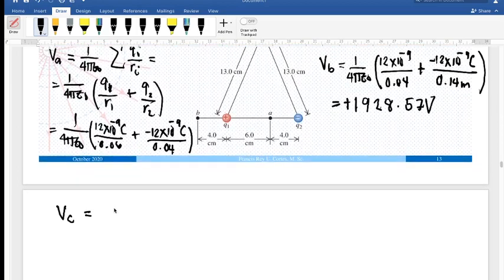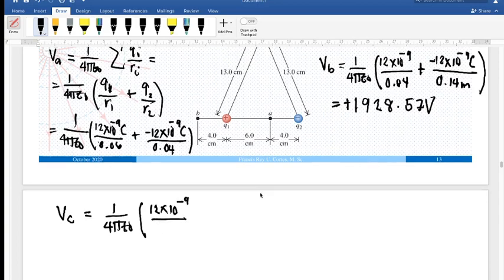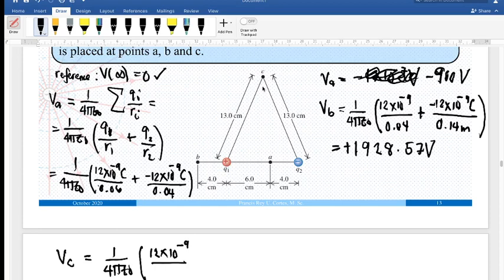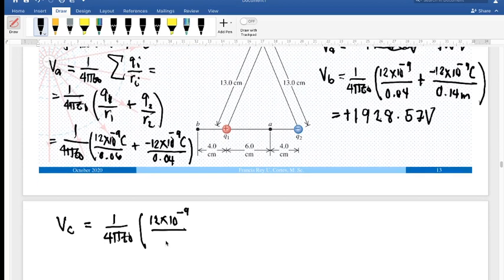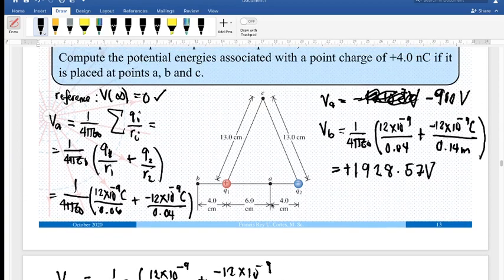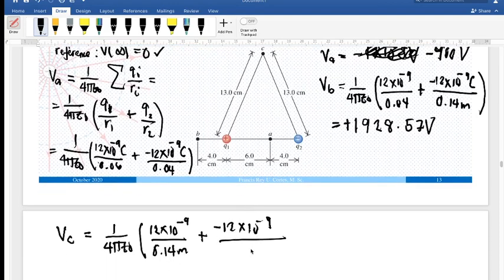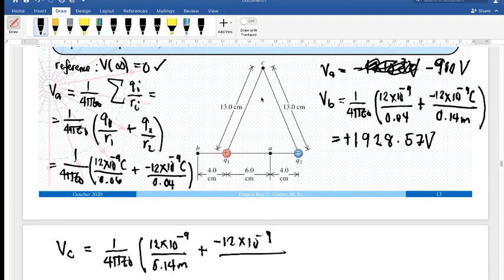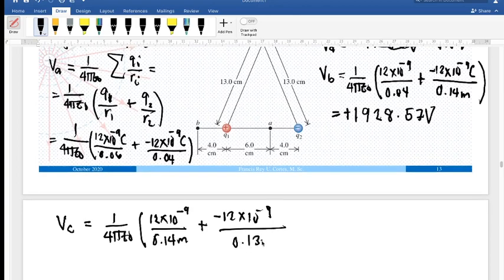Again, same lang gihapon, 1 over 4 pi epsilon sub naught, then we have the Q1, which is 12 times 10 to the negative 9, then the distance between Q1 and point C is 0.13 meters, then plus negative 12 times 10 to the negative 9 divided by the distance between Q2 and C, which is equal to 0.13 again. So as you can see, this is equal to 0 volts.